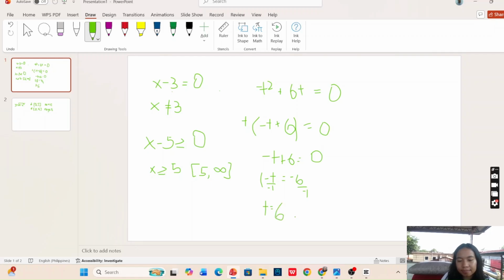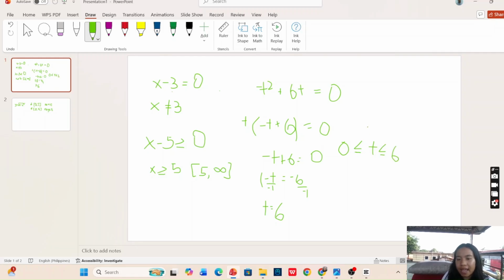And since this is a projectile motion, it will always start at a starting point. So our answer for this is t is greater than or equal to 0, and t is less than or equal to 6.